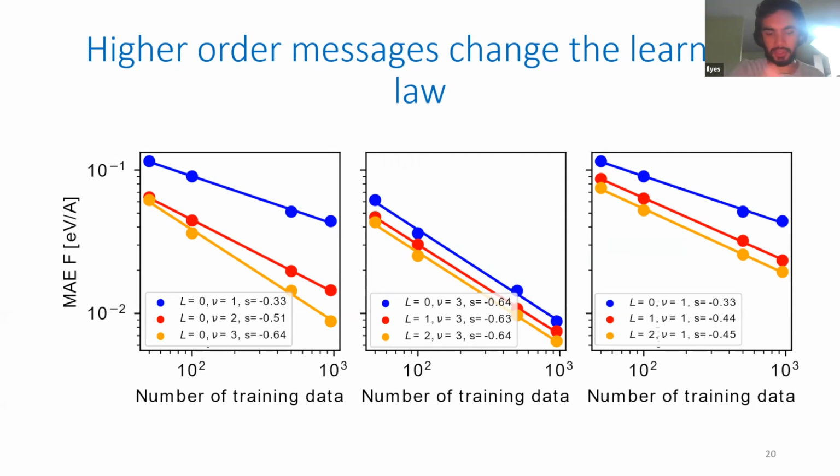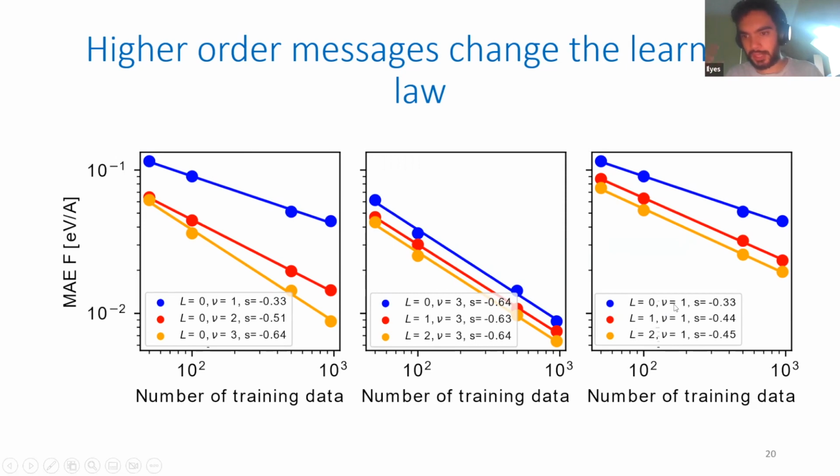And here we plot by tuning the hyperparameters of MACE, both the correlation order nu and the equivariance L. You see that by increasing the correlation order but not changing the equivariance of the message, you have better and better data efficiency. And on the other panel, by increasing the equivariance but not changing nu, you also gain data efficiency.